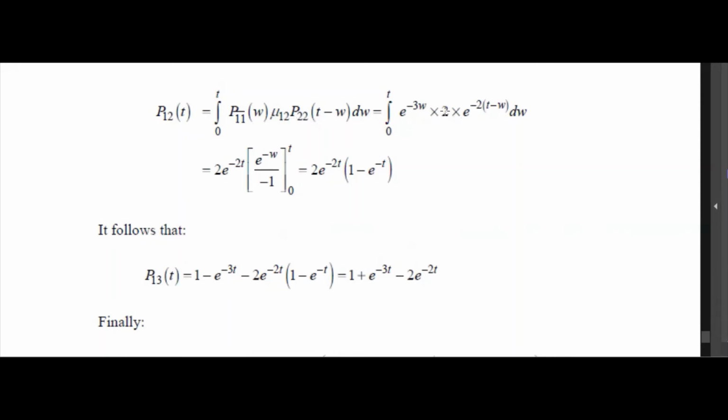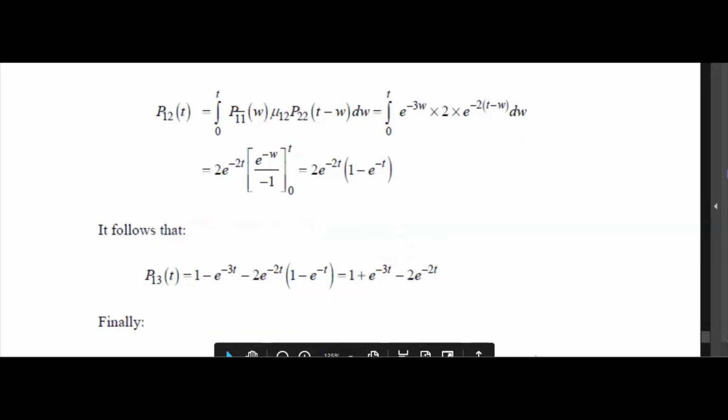This is the formula. So you just need to integrate this one. So from non-homogeneous you can bring it to homogeneous. We got it, and finally P13, we know P11, P12, so we know P13. Problem is over.